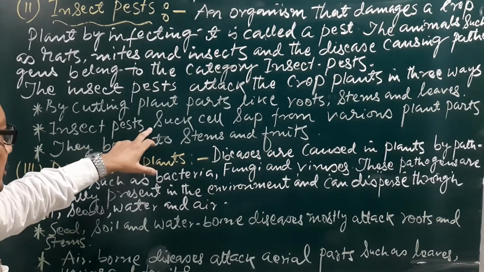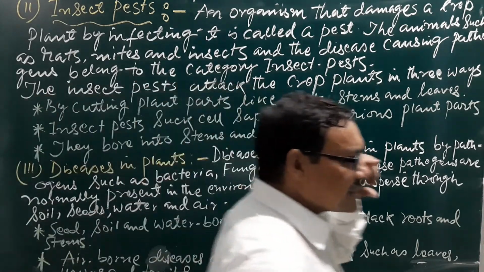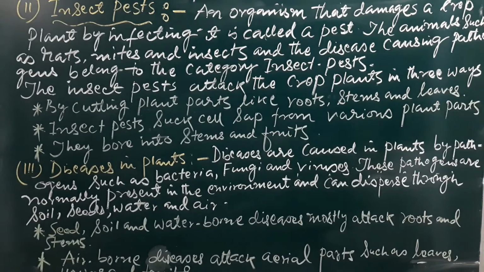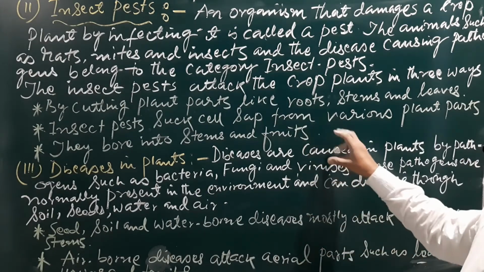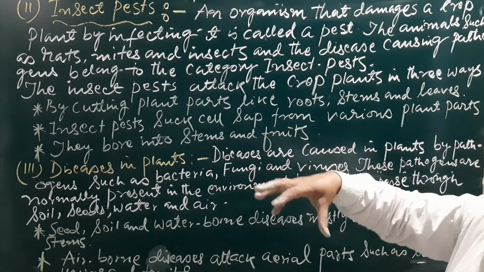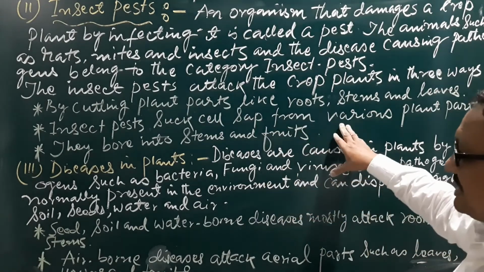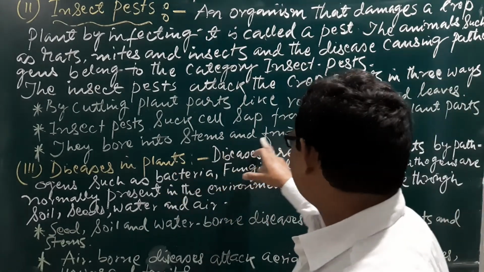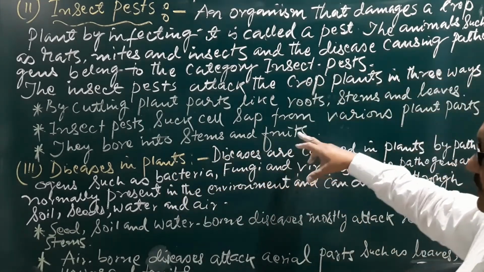That means they can suck the protoplasmic or other important fluid materials or the matrix of the protoplasmic part. They bore into stems and fruits.